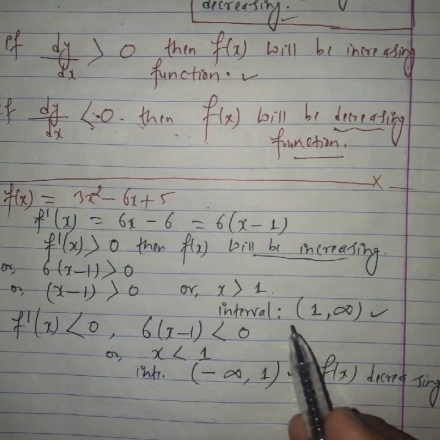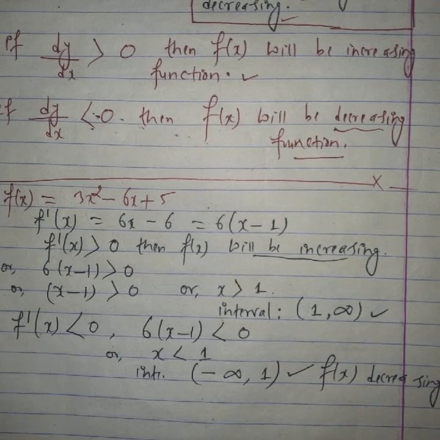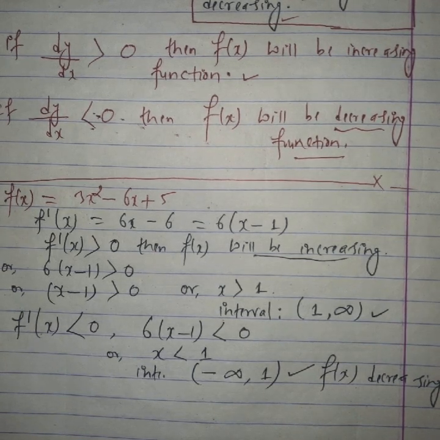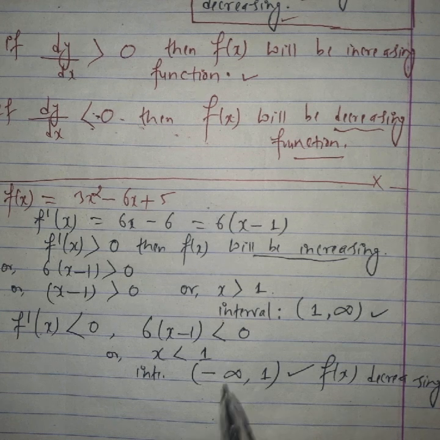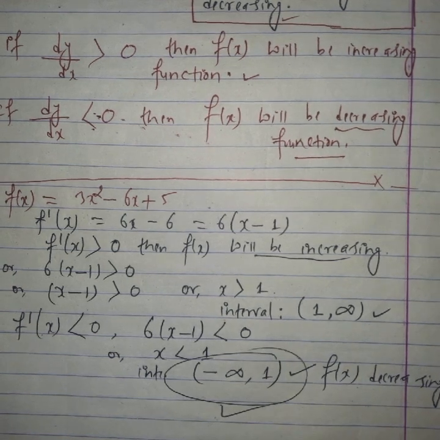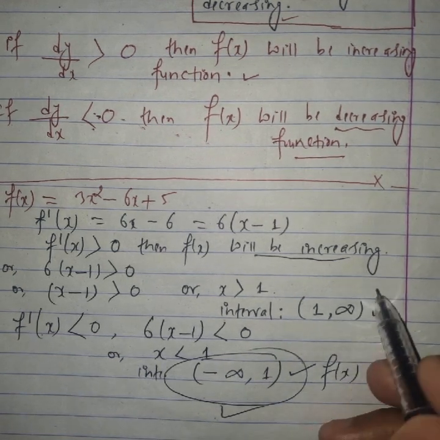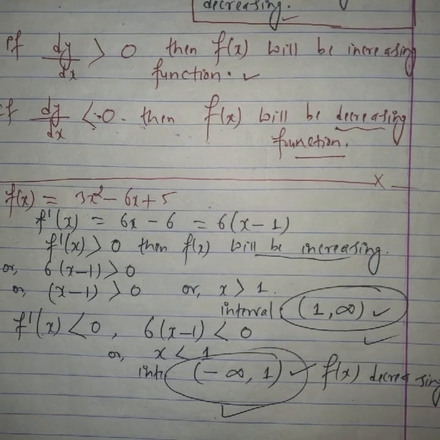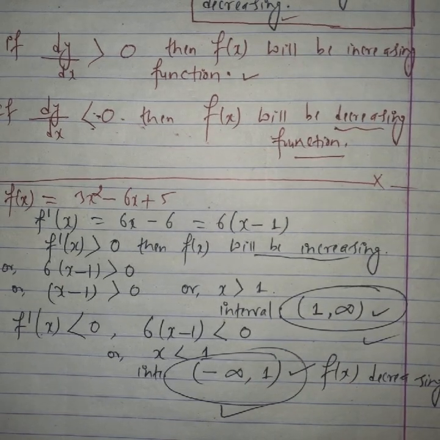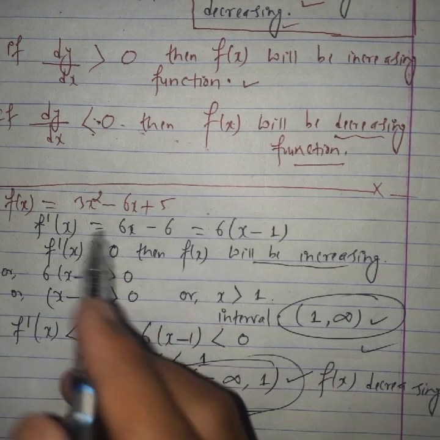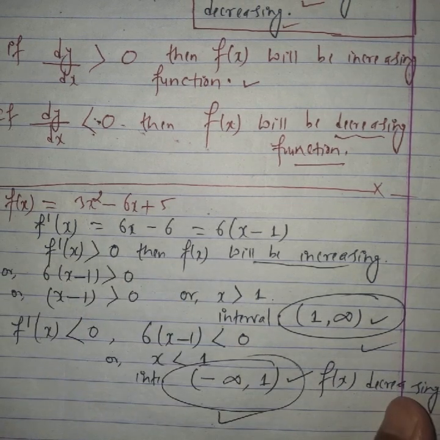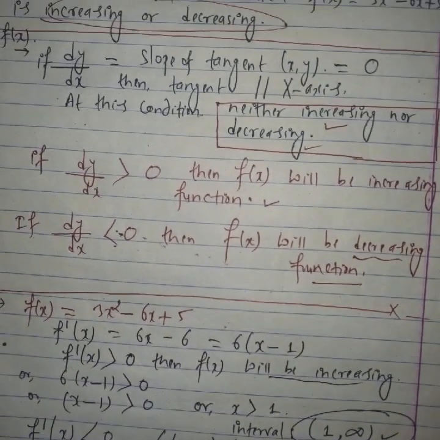Here we calculated the two intervals for increasing and decreasing of the function f of x. In this interval the function will be decreasing, and in the other interval the function will be increasing. This is a very short example of the increasing and decreasing nature of a function.